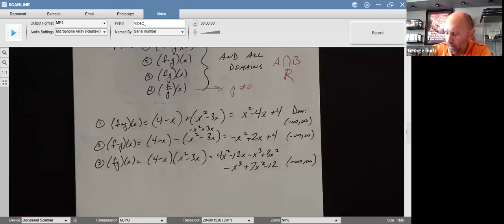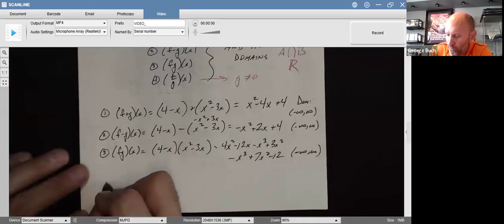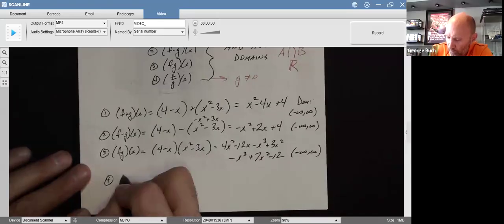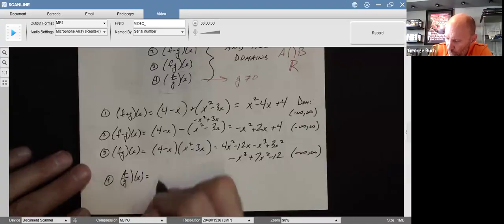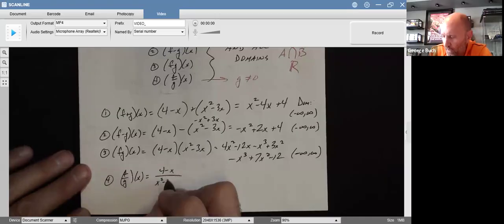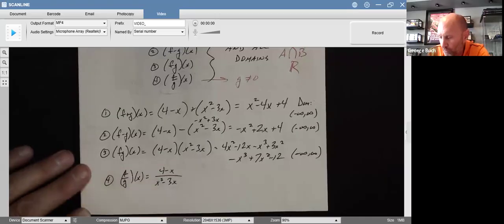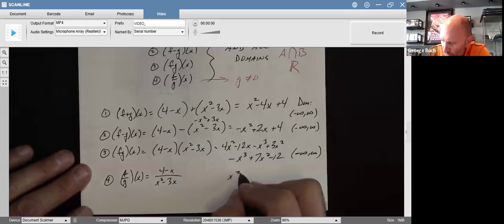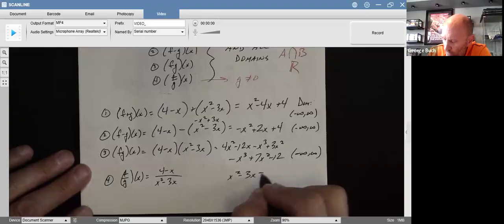And lastly, and this is always going to be the trickiest one, is f divided by g of x. So it's f, which is 4 minus x, over x squared minus 3x. Nothing will cancel or simplify. So it's all real numbers, but g of x can't be 0, meaning x squared minus 3x cannot be 0.